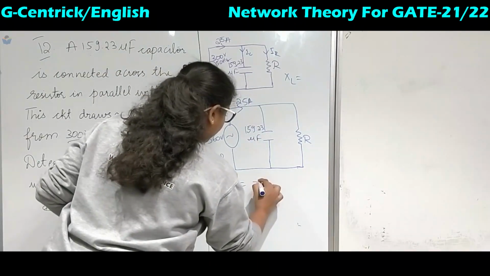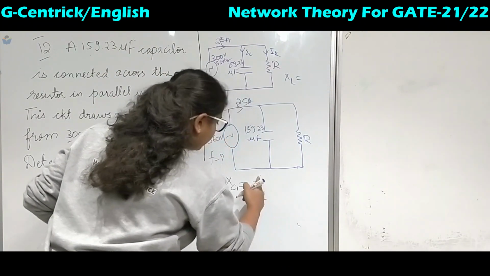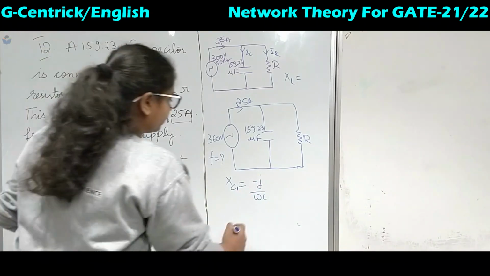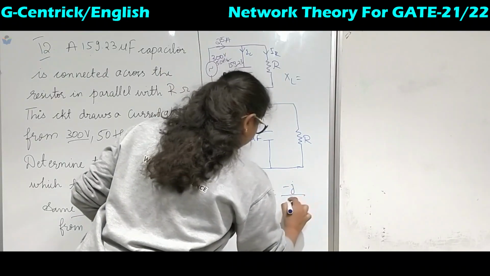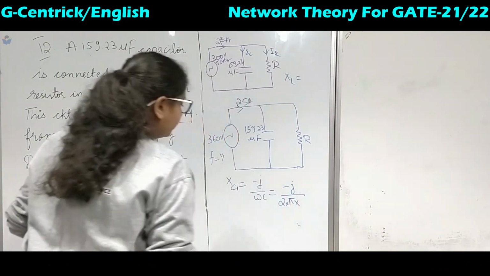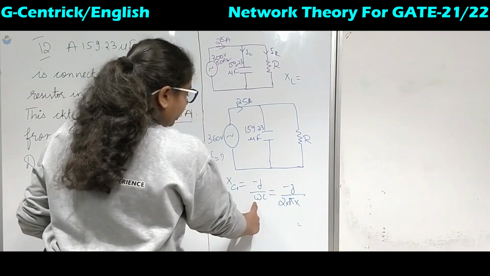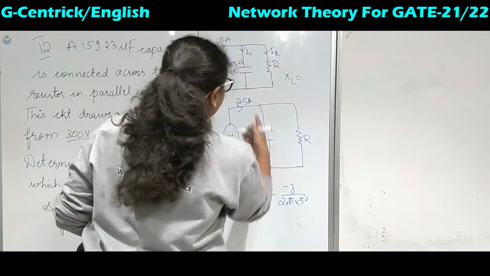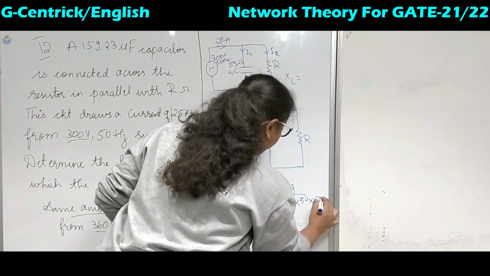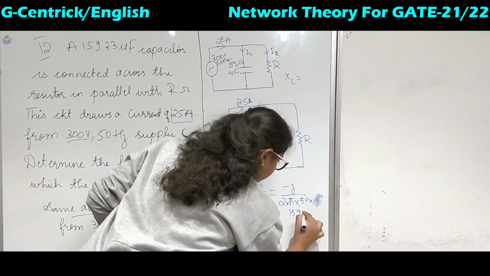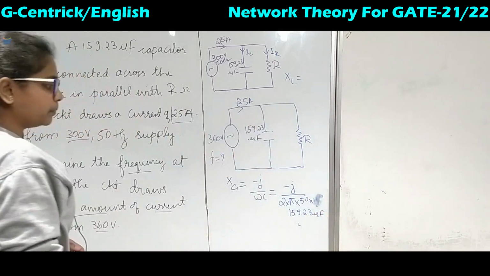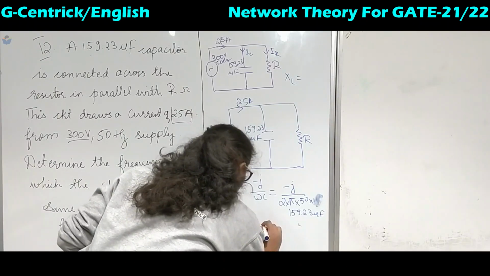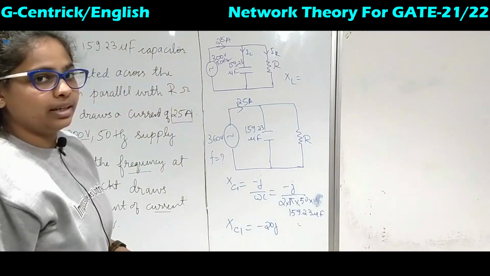So this will become minus j upon omega C. Basically this j will be down, okay, if j omega C goes up, it will be minus j omega C. So this is minus j 2 pi f C, okay, so this omega is nothing but 2 pi f. Okay, so here the frequency we know in the first circuit, that is they have given as 50 hertz, and the value of capacitor 159.23 microfarad. Okay, so this is the value, and how much you will get is minus, the value of this one will be minus 20 j.